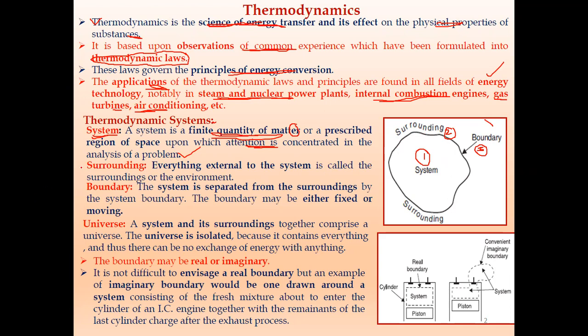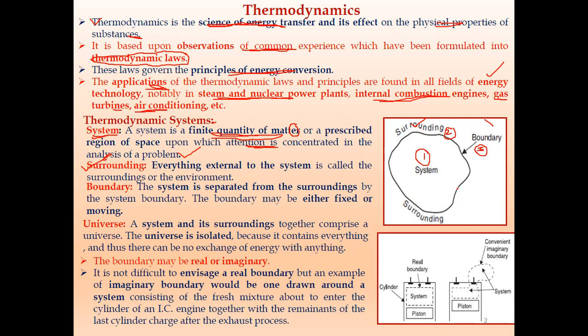Now we have the surrounding, which is everything external to the system. Everything outside the system is called the surrounding, or it is also called the environment.